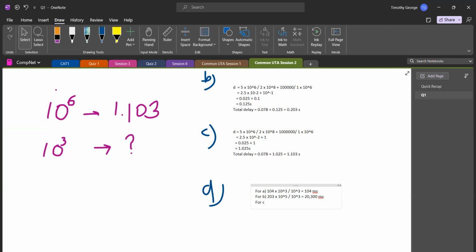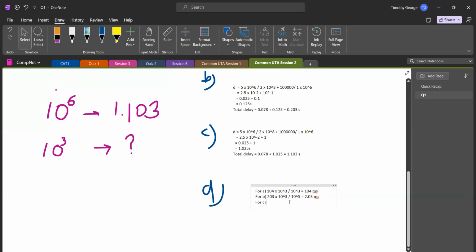And that's going to give us this much amount of milliseconds. And finally, for C, oh, so sorry, I mixed up the exponents. So this is 3 and this is 5. That is equal to that much amount of milliseconds.